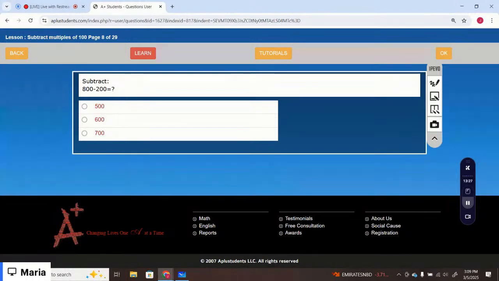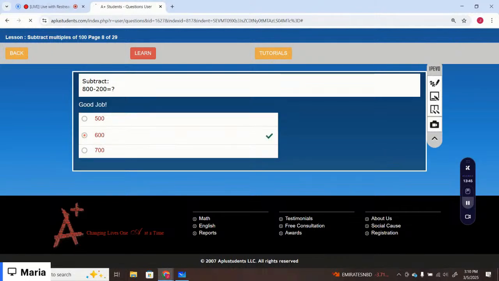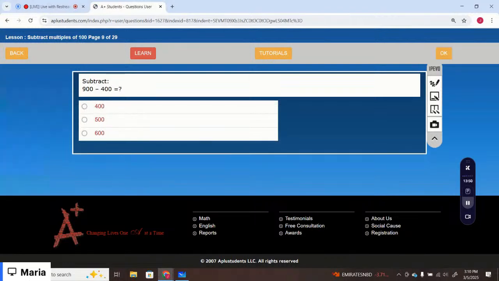800 take away 200 equals 600. Option number 2 is the correct option. 900 minus 400 equals 500.